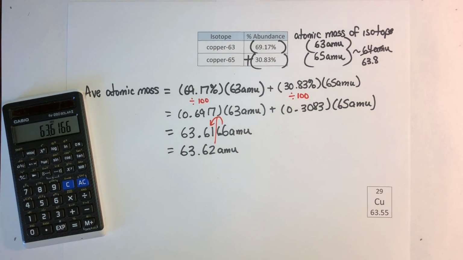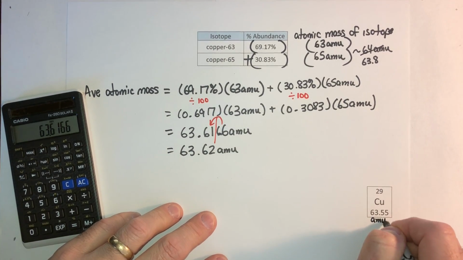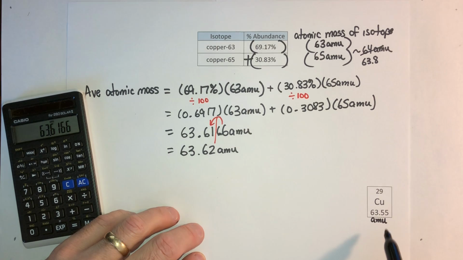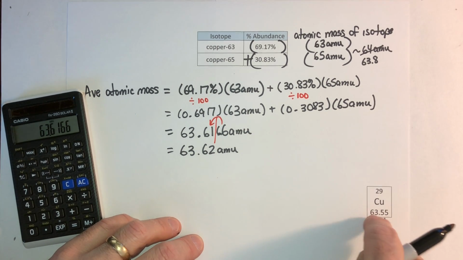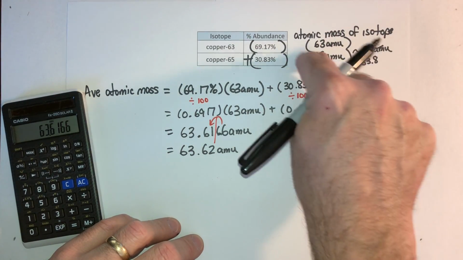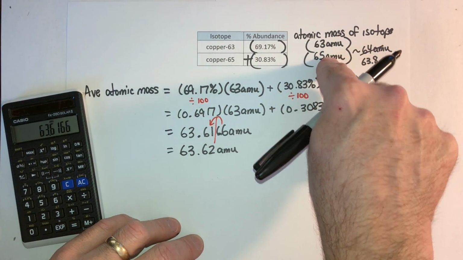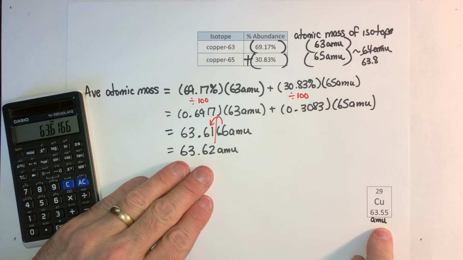Now, if we compare it to the number that comes straight off the periodic table, when they did the calculation, the average atomic mass was 63.55. And when they did this, they used the perfect values of atomic mass, not just the approximations. But even going with the approximation, we're still pretty close, right?